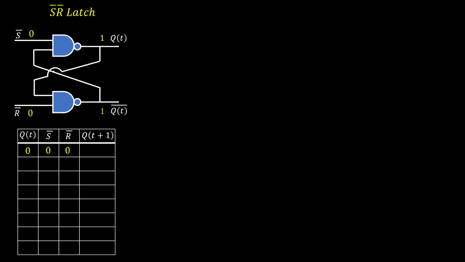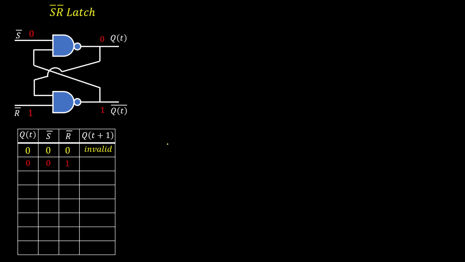If these two ones go to the feedback, then again one of the inputs of first NAND gate and one of the inputs of this second NAND gate is 0. So output has to be 1. QT is 1 and QT bar is also 1. So for input 0, 0, every time we get 1, 1 at the output, which is invalid state.